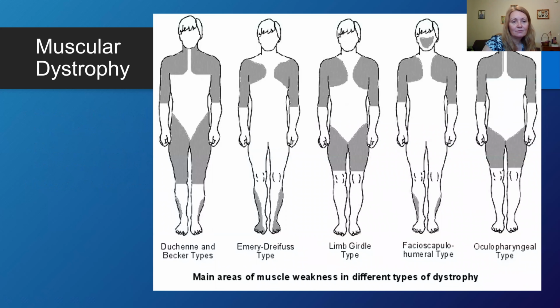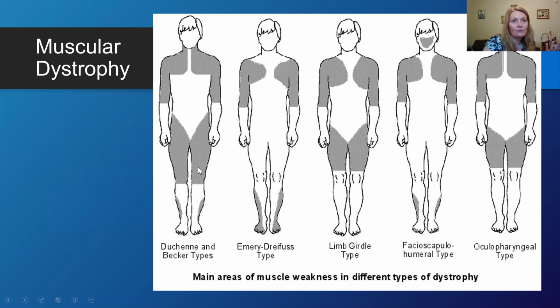So there are different types of muscular dystrophy. The most severe is Duchenne muscular dystrophy, and you can see that different types of dystrophy can affect different muscles of your body, right? So you don't need to memorize many of the steps. Maybe just remember that Duchenne muscular dystrophy is the most severe.